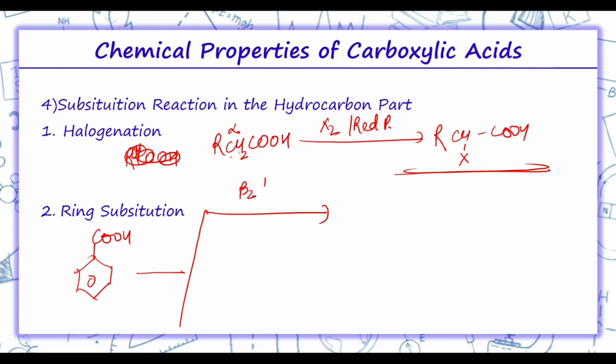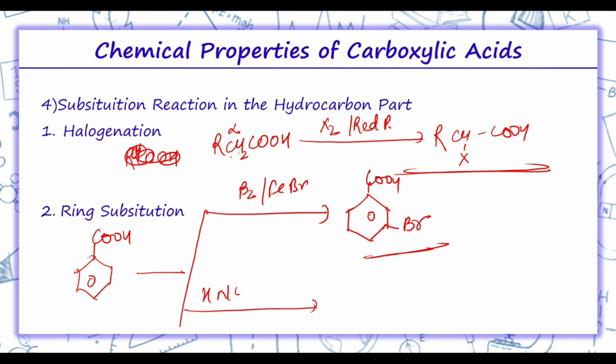When we take bromine with FeBr3, this is known as bromination, and here in the meta position this bromine gets attached, thus it is known as meta-bromobenzoic acid. Then nitration, that is concentrated HNO3 plus concentrated H2SO4. So over here we get COOH, and in the meta position there will be attachment of a nitro group. So it is known as meta-nitrobenzoic acid.